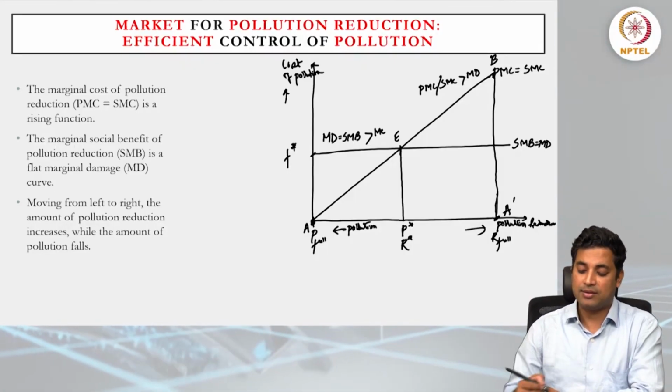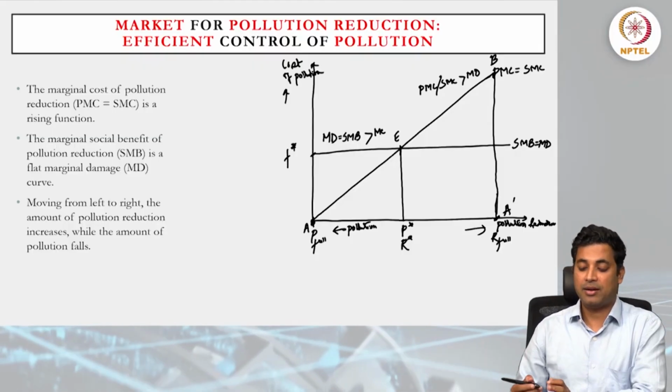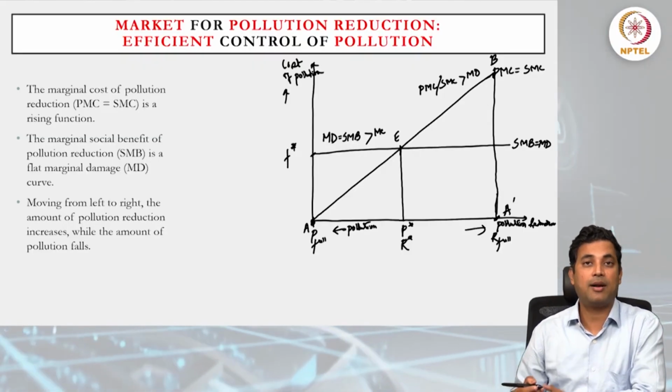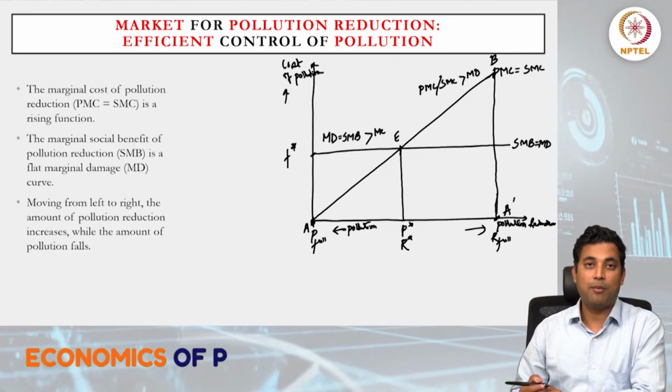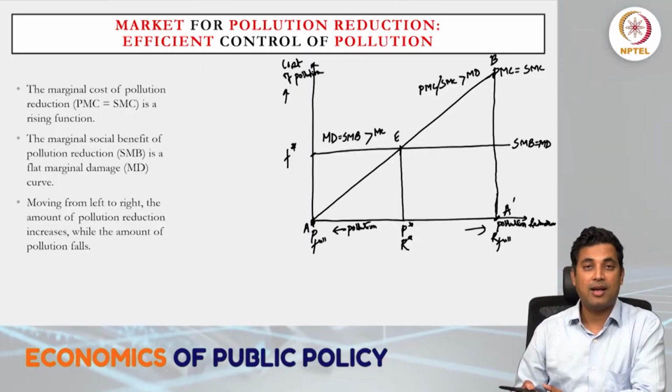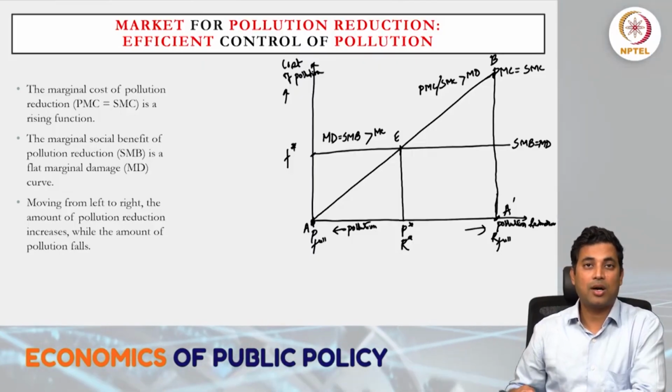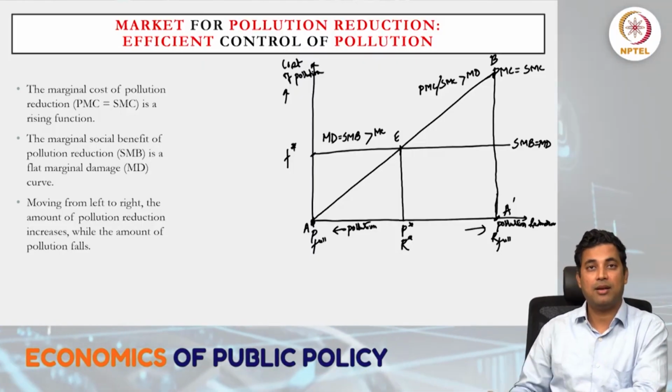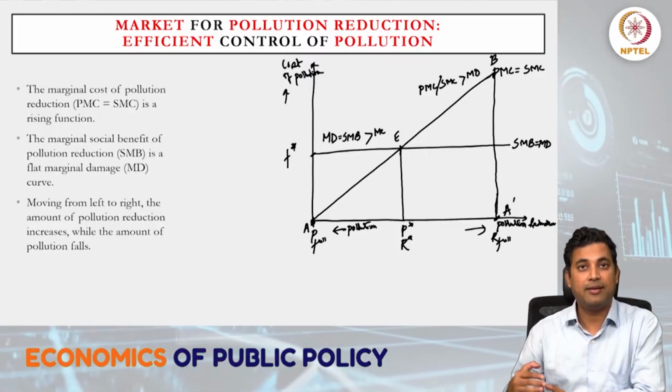So this is what we can understand, that is, how market equilibrium or the market efficiently allocates the price and the pollution. So what level of pollution can we actually take?